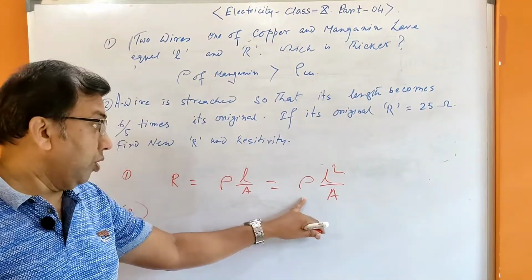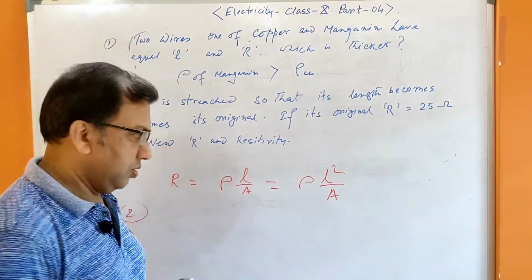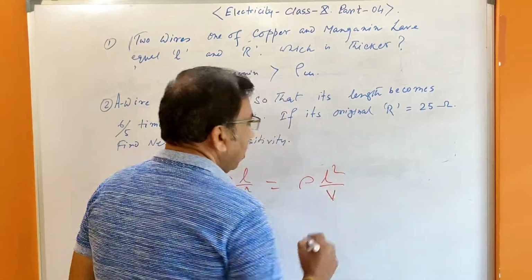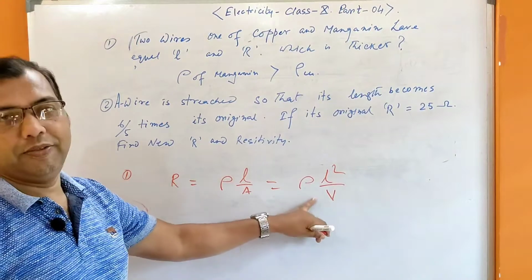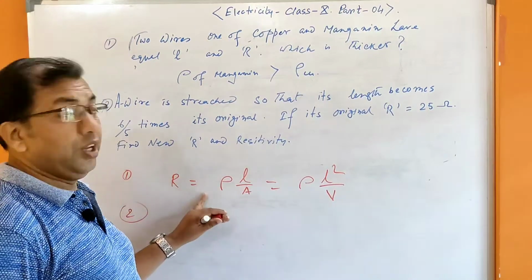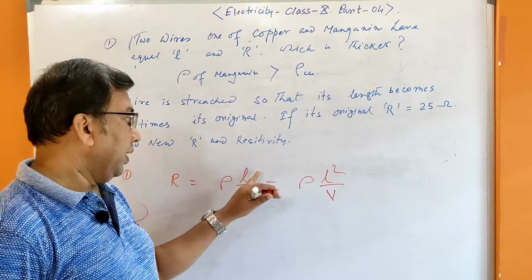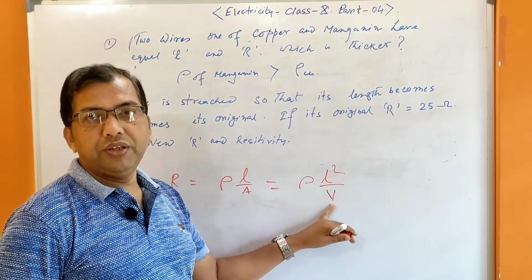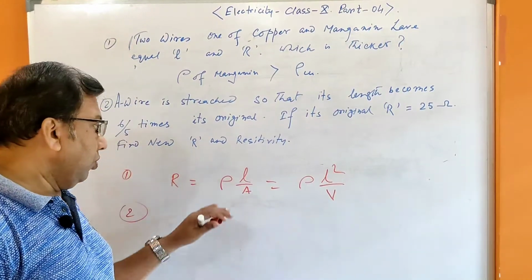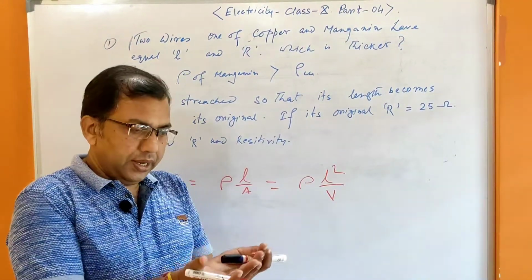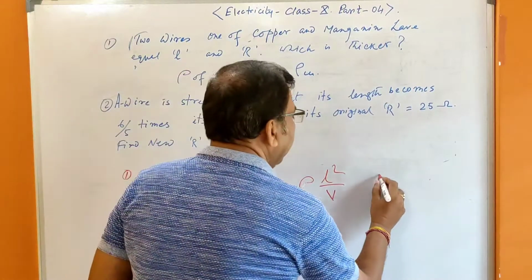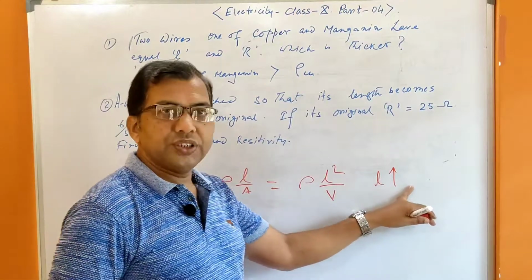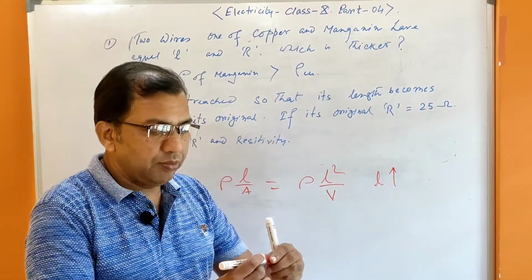I have told you, you have to notice which formula you have to apply. Rho L by A, or rho L square by V. We know that when the length increases, the area of cross section will decrease, since I am stretching it.